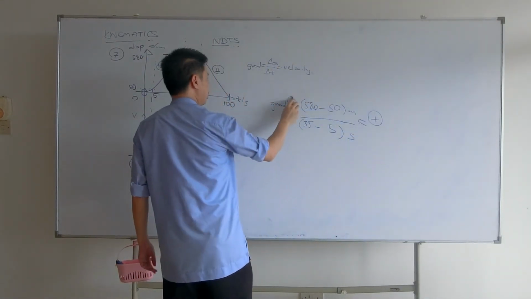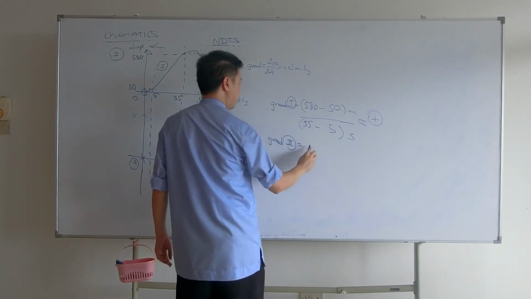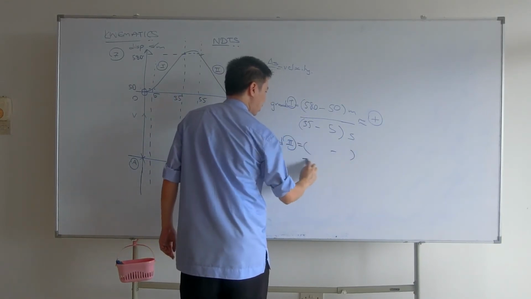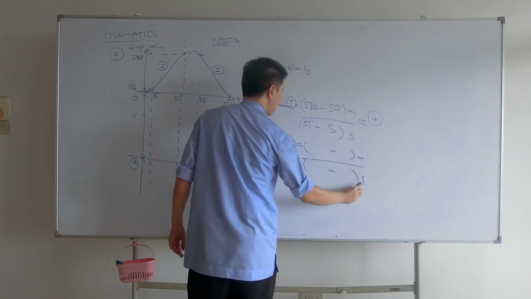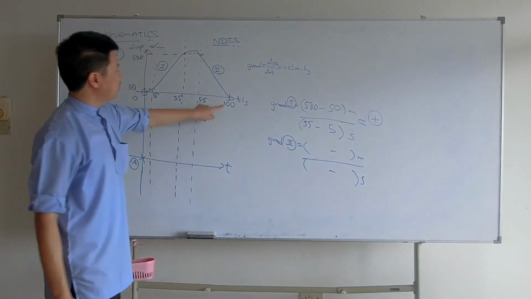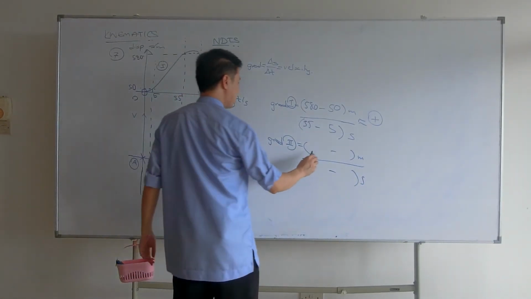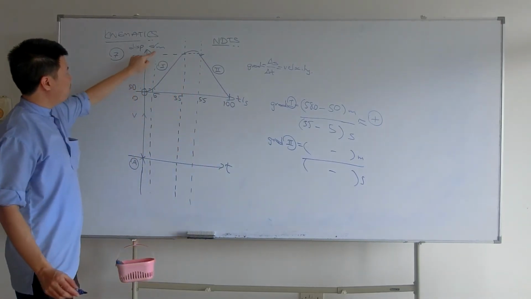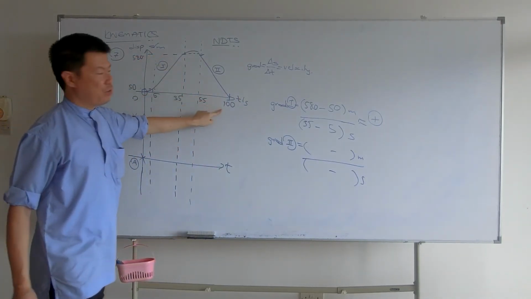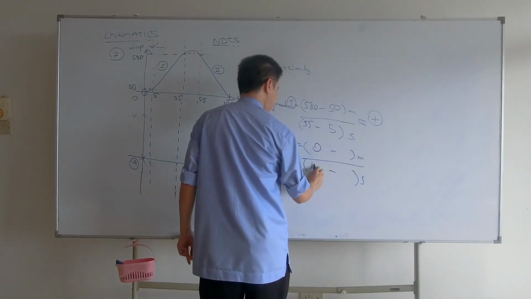Now, gradient 2. Again, put in the brackets, minus, brackets, minus, put in the units, meters per second. Our final position here is 100, 0... Oh, apologies. It's actually 0 meters, 100 seconds.